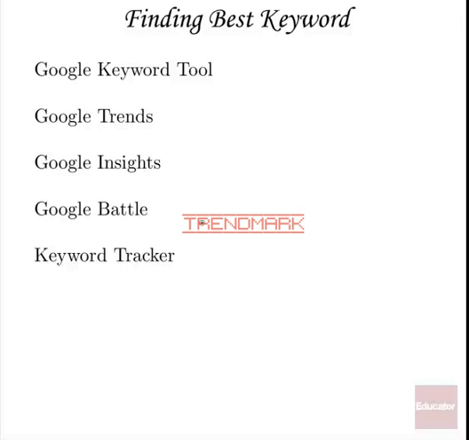So I would pause this video at this moment and just go ahead and do a Google search. Type in these terms here: Google Keyword Tool, Google Trends, Google Insights, Google Battle, Google Tracker. So go ahead and pause it, type it in, see what you find. If you want me to continue, let's refer to this page right here.